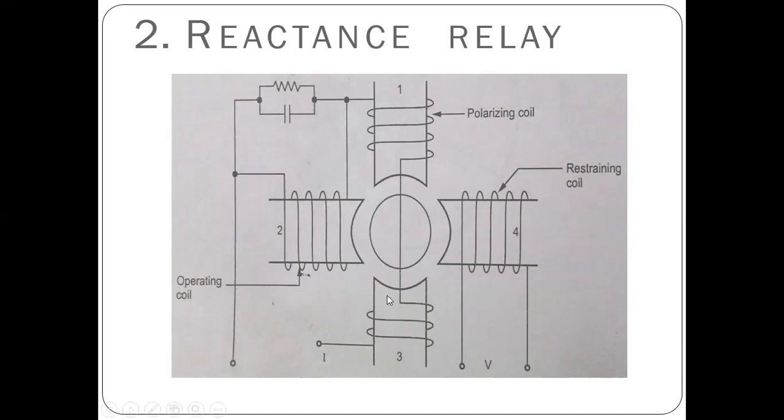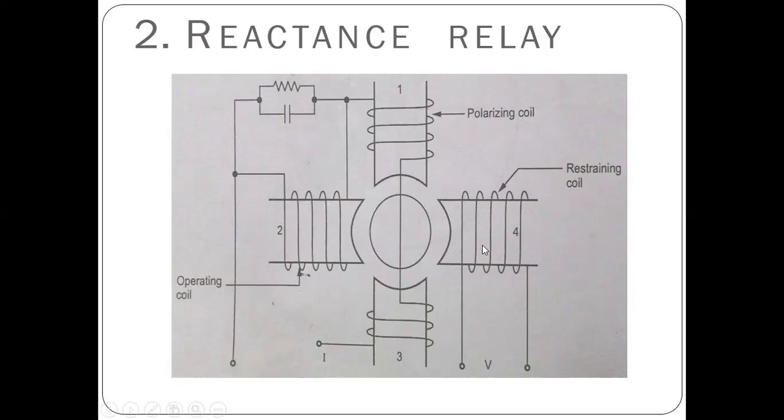The current in the cylinder portion opposite the operating coil pole reacts with the flux of that pole and produces the torque tending to close the relay contacts.